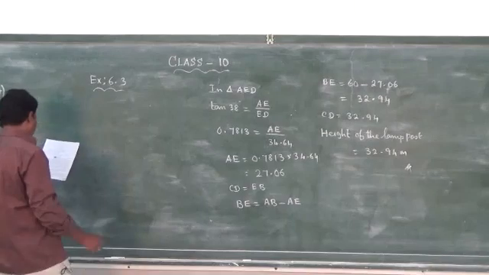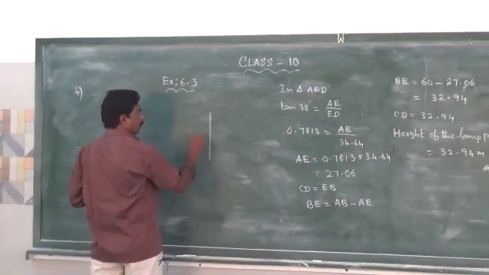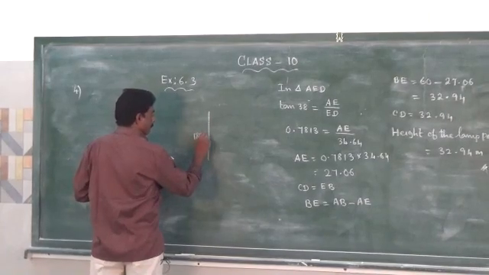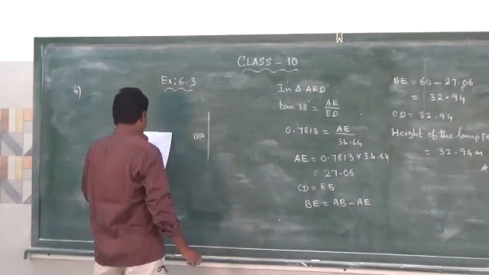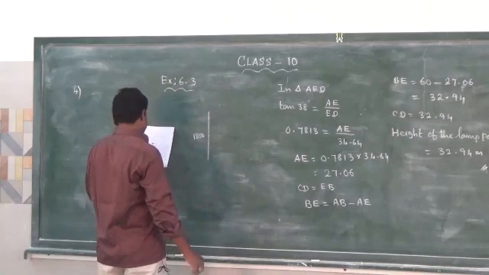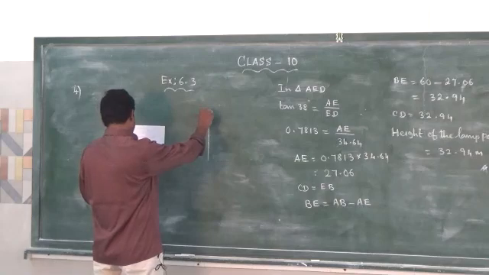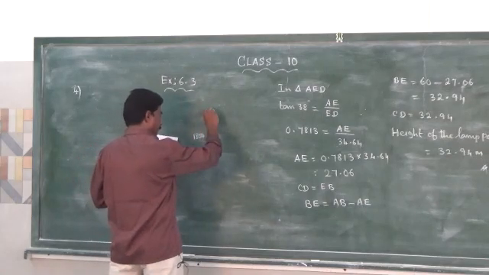So an aeroplane at a height of 1,800 meters finds two boats sailing towards it in the same direction. The angle of depression of the boats as observed from that aeroplane are 60 and 30.